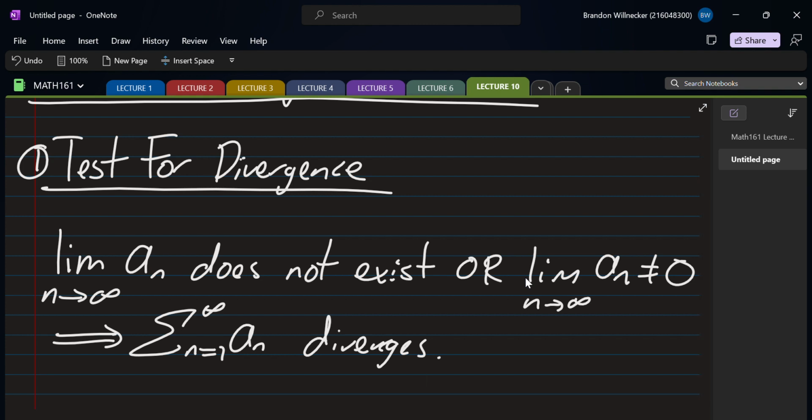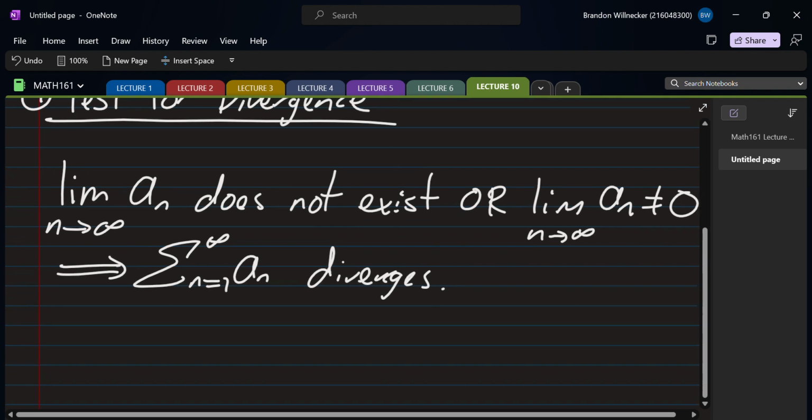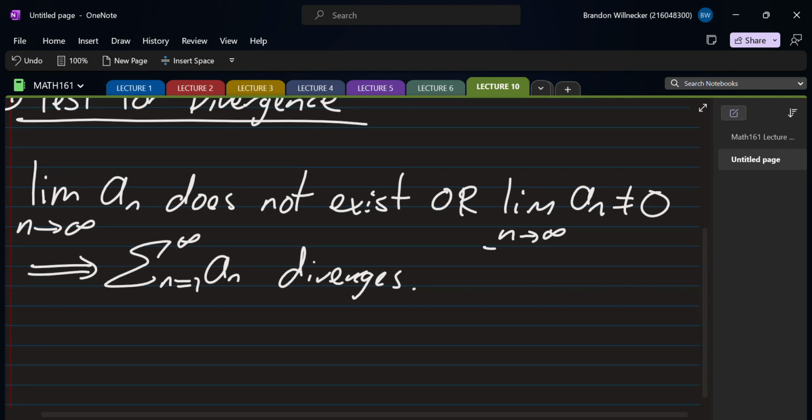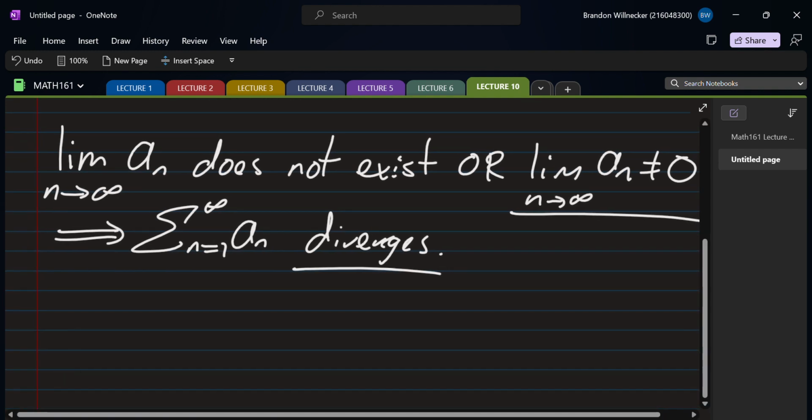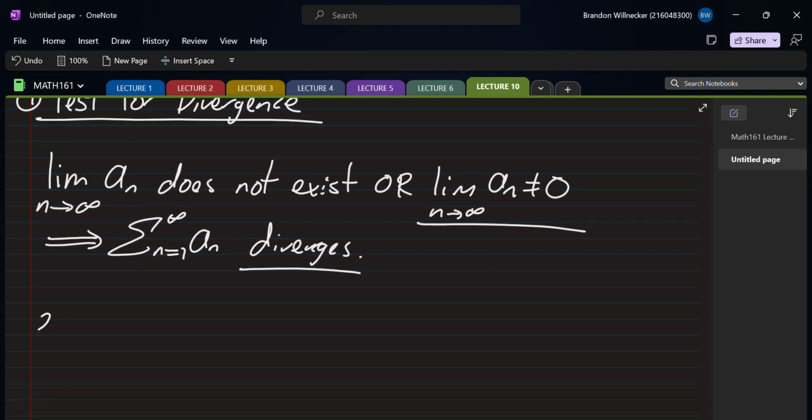If the limit is non-zero, we know it diverges. If the limit is 0, we can't say what happens. So again, limit non-zero diverges. That's the first test that we can use.